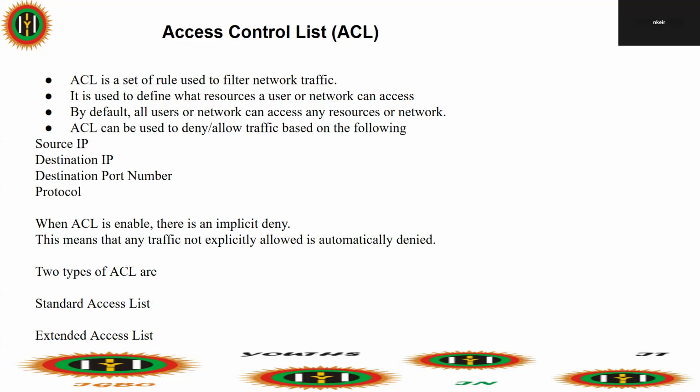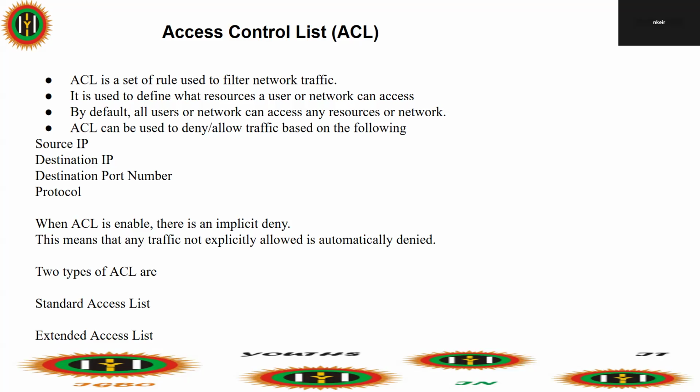So when an ACL is enabled, there is an implicit deny, while by default, everybody is allowed access on a network without any kind of ACL. But once you configure any ACL on a router, it triggers what we call implicit deny. Implicit deny means any traffic that you did not explicitly allow is denied by default.